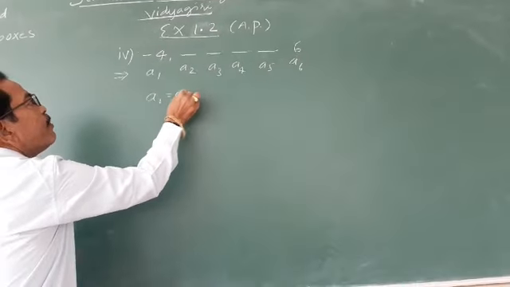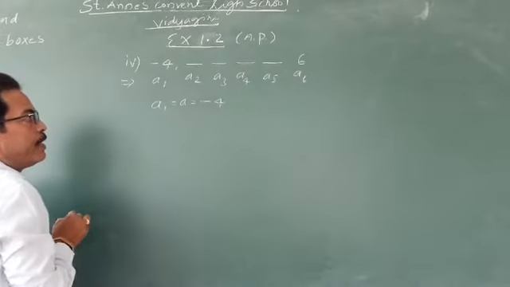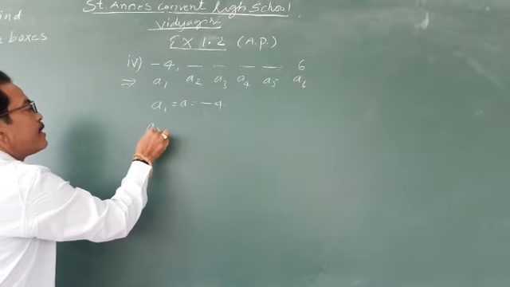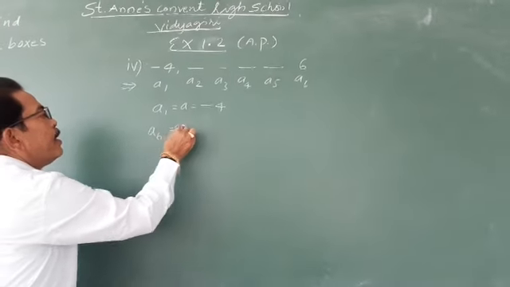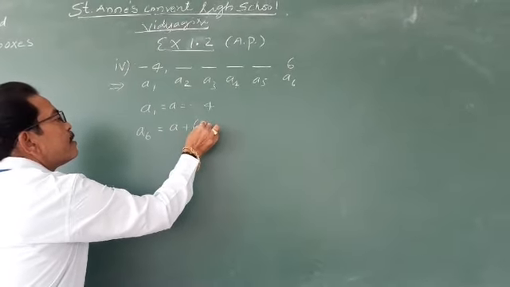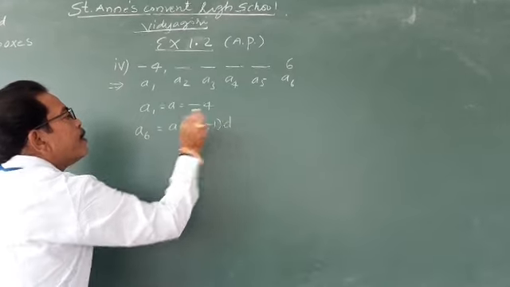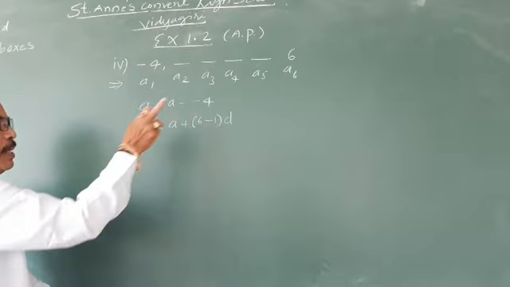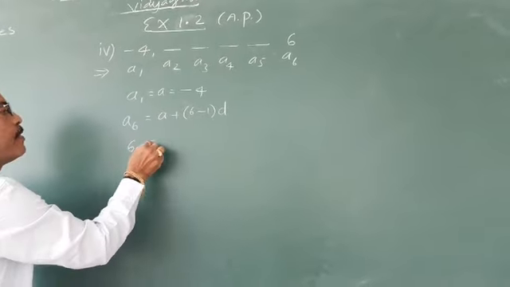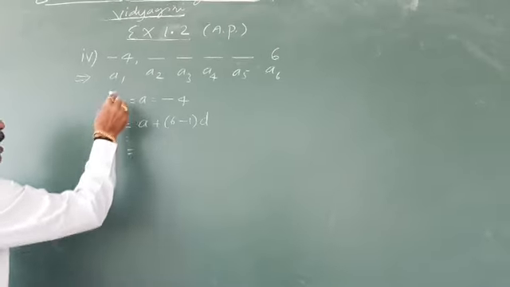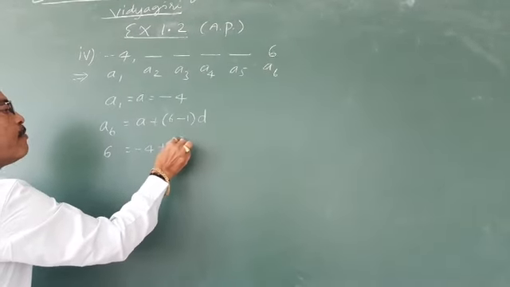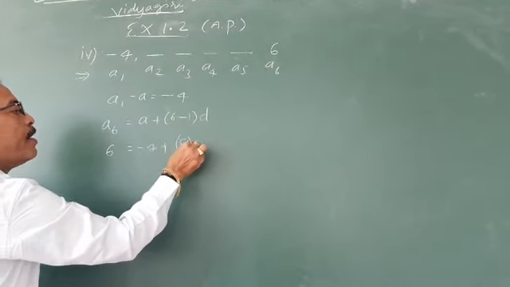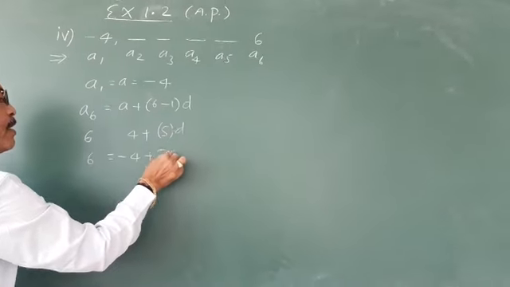A1 is A, which equals -4. Then A6 equals A plus 6 minus 1 into D. A6 is 6, equals A, that is -4, plus 6 minus 1, 5 into D. 6 equals -4 plus 5D.